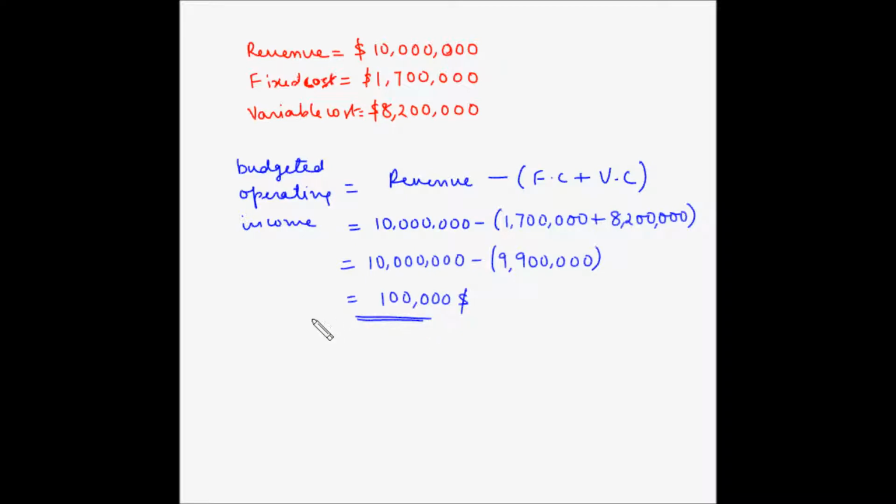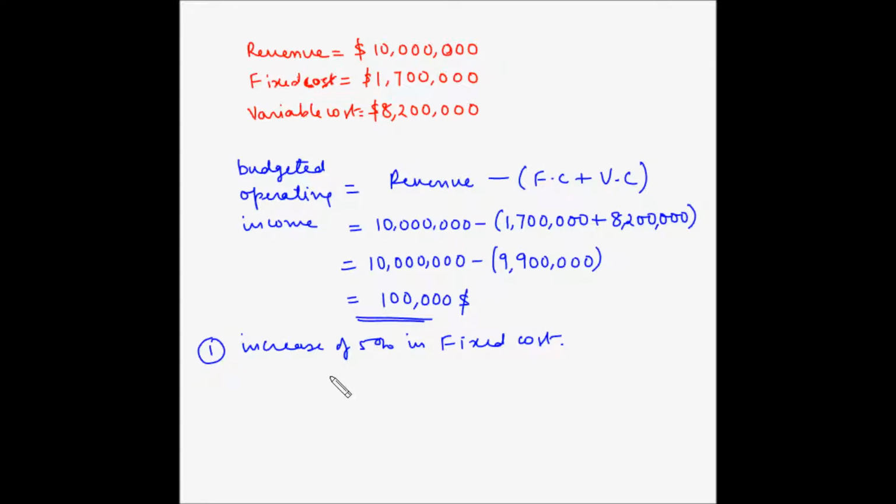Now we have to find out the impact on this budgeted operating income if first there is an increase of 5% in the fixed cost.